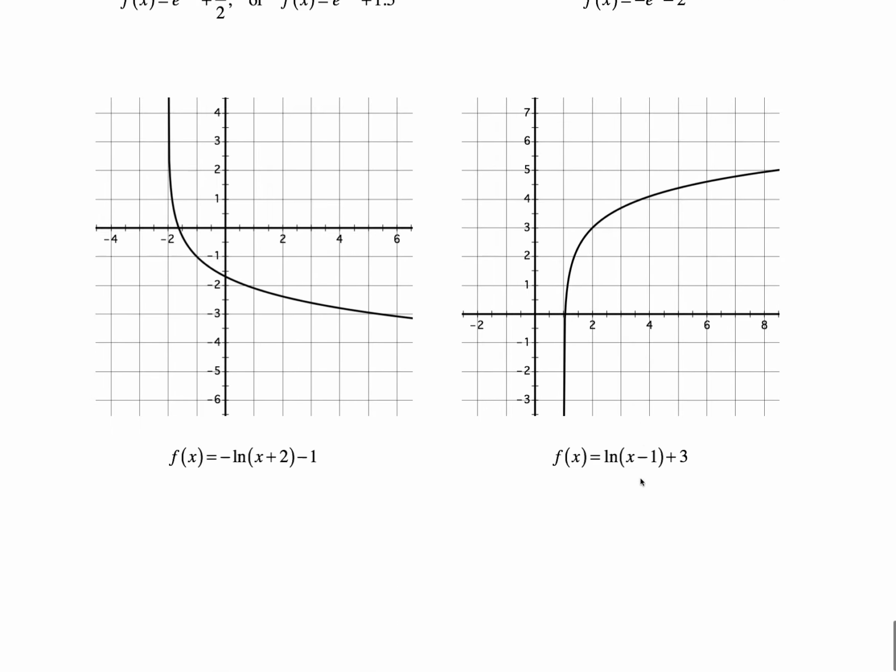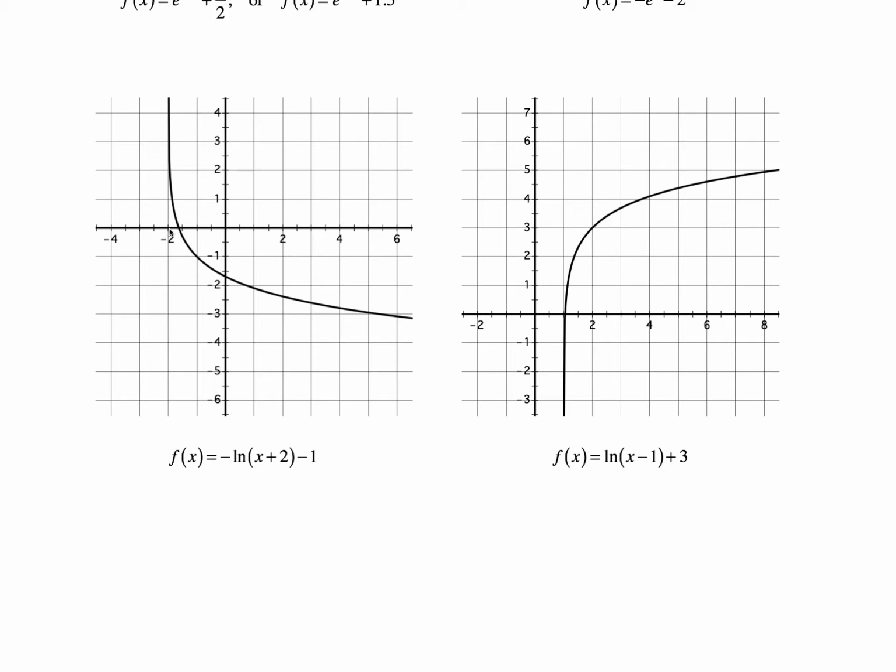Okay, now here are some logarithmic functions, and you can see this first one has been reflected down. Logarithmic functions have vertical asymptotes, and so regardless of whether they have been reflected across the x-axis or not, we still draw a parallel vertical line 1 unit to the right of whatever the vertical asymptote is, the new vertical asymptote that is.